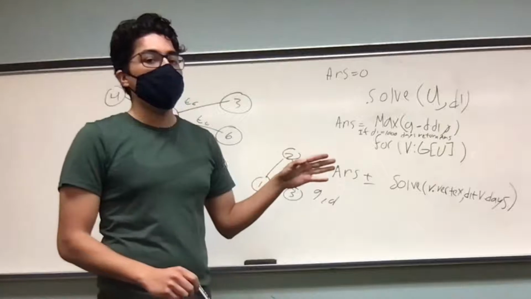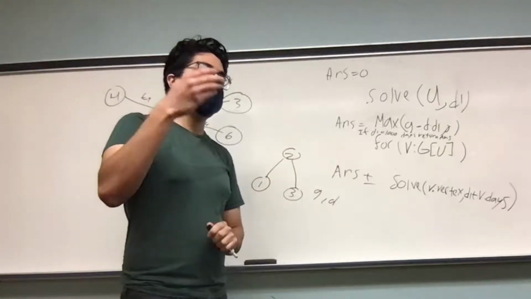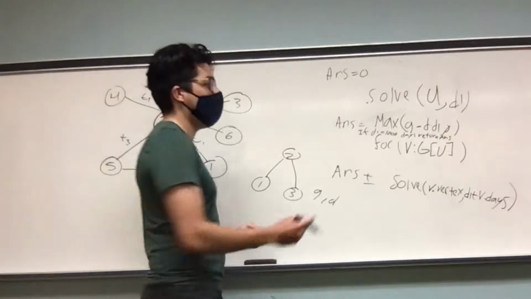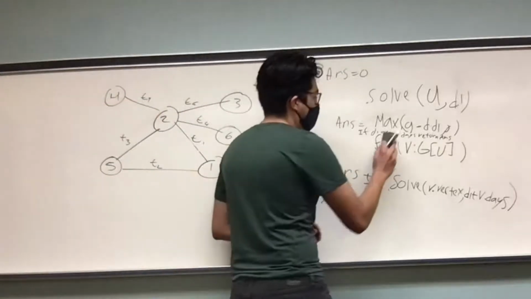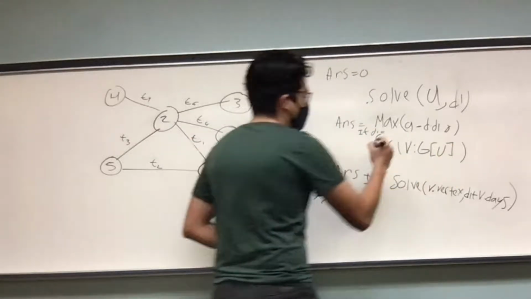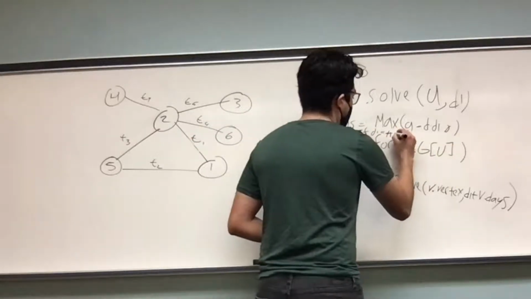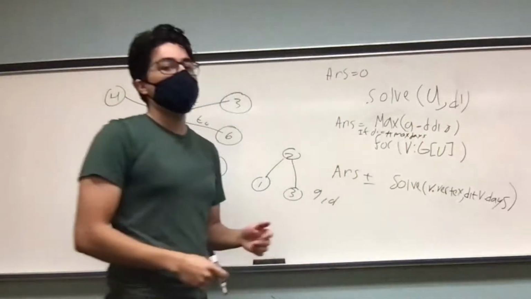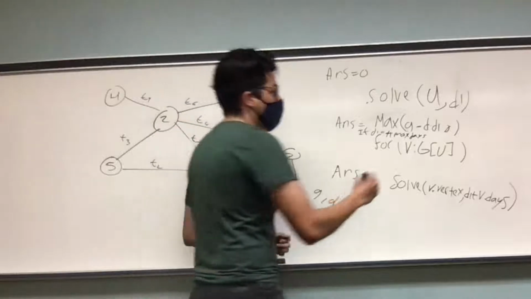Once it reaches this number of days, we can no longer get a better solution. So I'm just gonna say if D1 equals the number of max days, which we can pre-compute after the input.